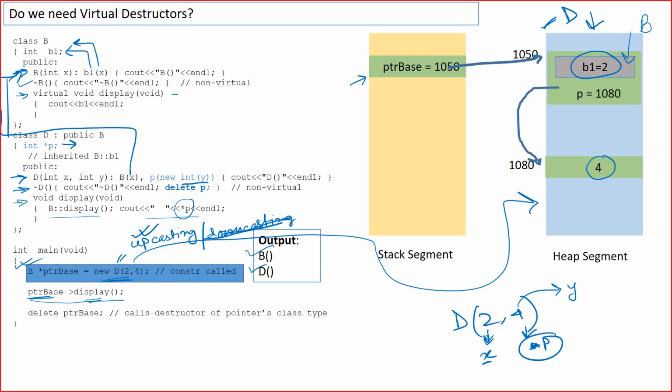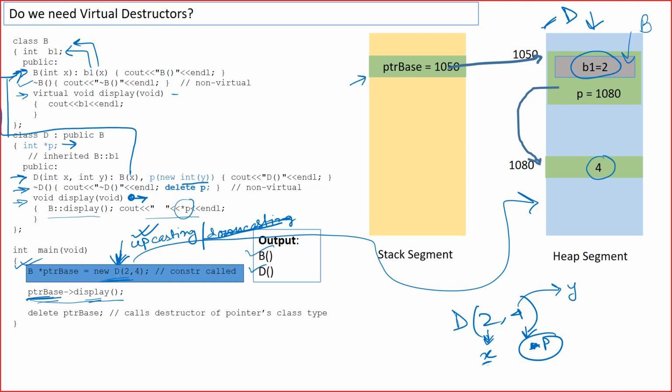So it will go to the derived part, it will consider this display, because pointer base is pointing to a type derived object.